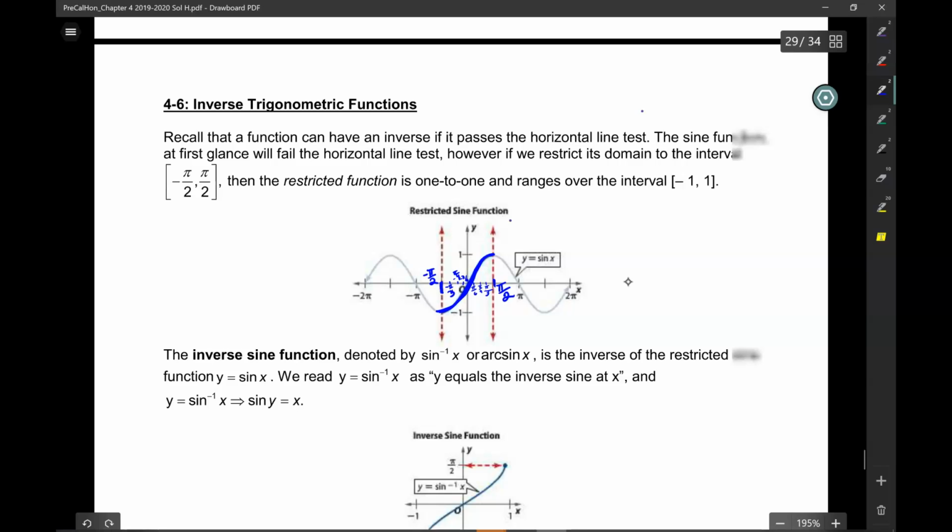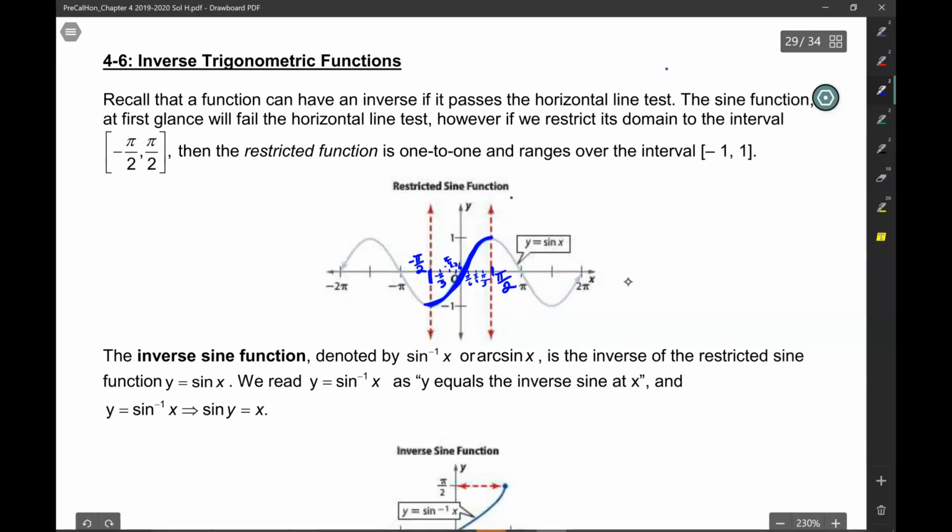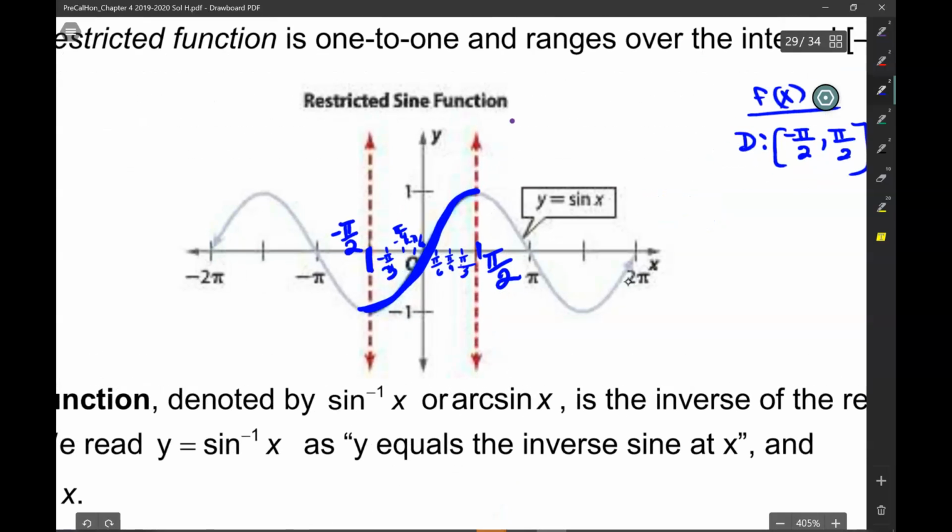So, what we just did for f of x is we restricted the domain so that it only goes from negative pi over 2 to pi over 2. It's basically the special angles, pi over 6, pi over 4, pi over 3.